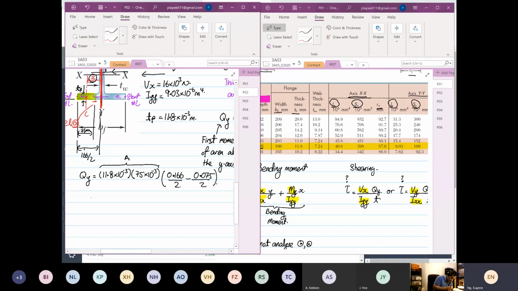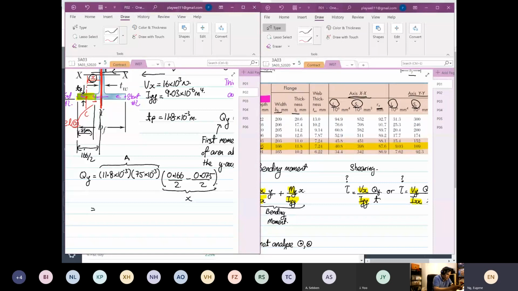So this over here is your x. So this will come out to be 0.166 divided by 2 minus 0.075 divided by 2, times 75 power minus 3, times 11.8 power minus 3.